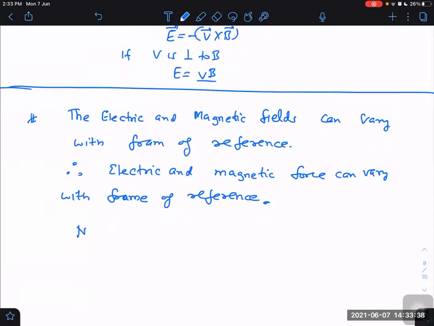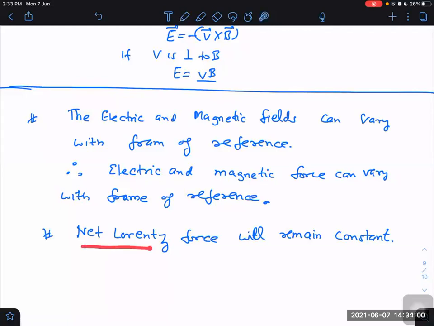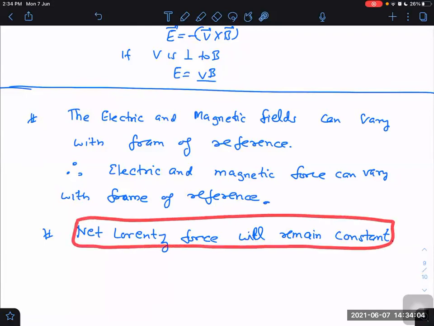I said I should say first, net Lorentz force will remain constant. This statement will not be valid if the speeds are becoming comparable to the speed of light. But we don't have to worry about those cases. Those cases we don't deal with in this class. So for us, for IIT level, it is enough. We will just remember this thing. Net Lorentz force will remain constant.